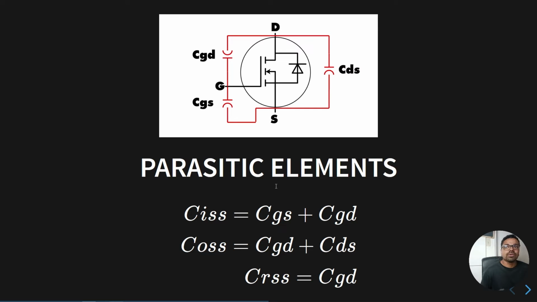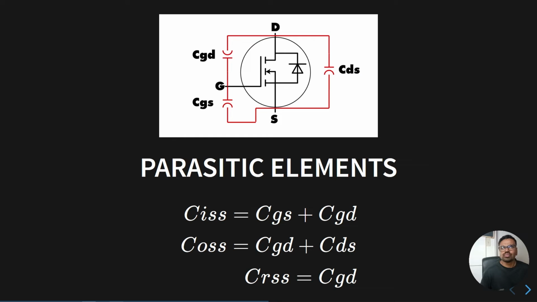And then you have the conduction period capacitance. During the on period or the conduction time, you generally would have the gate and drain capacitance equal to the gate and source capacitance. So these are the parasitic elements, and this is all mentioned in the data sheet.